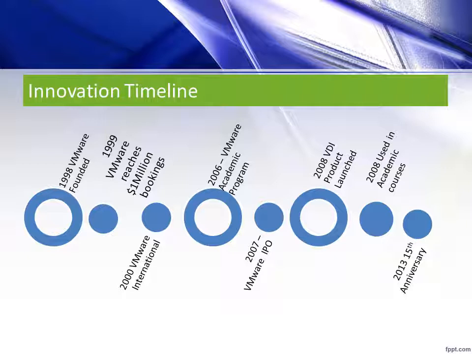VMware researchers took this reinvention of the use of VMware virtualization product as a means to commercialize a new product, which was VDI. We have another knowledge stage in this timeline because of this. You will see that in 2008, VDI was launched, and academic institutions were already beginning to use virtualization to create a lab environment for their students.